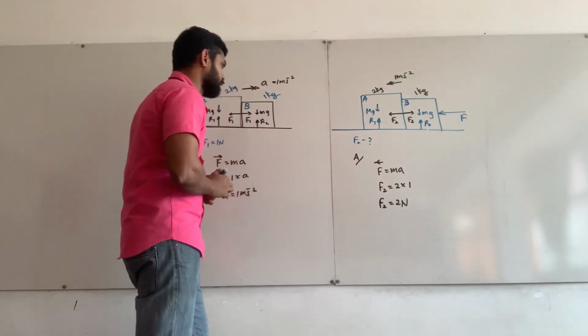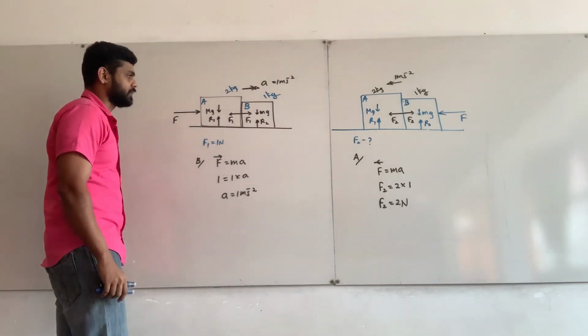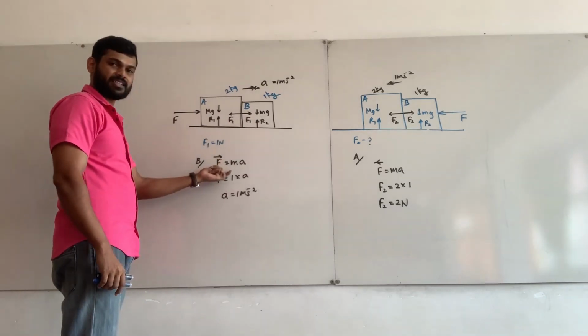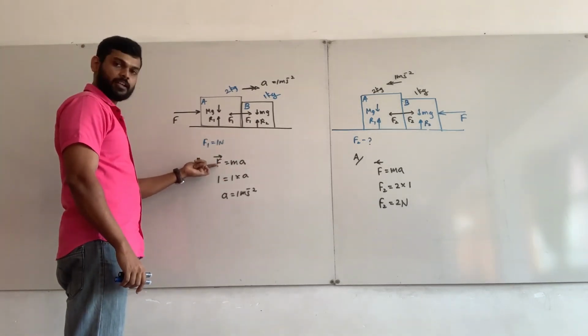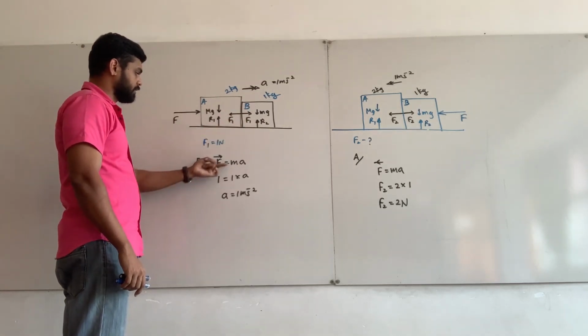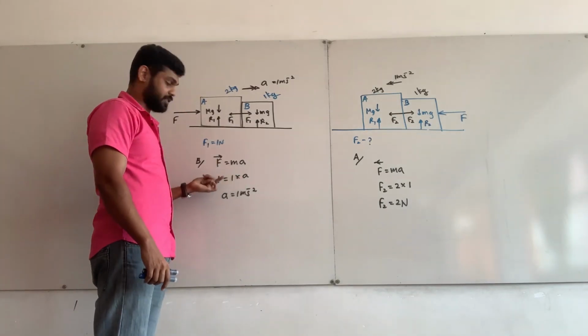Okay. We can generally say this without writing any equation. When we consider F equals ma, for block B, F1 and a1, the acceleration definitely should be 1.